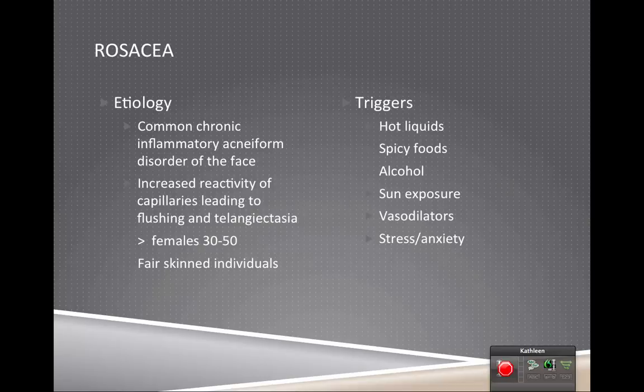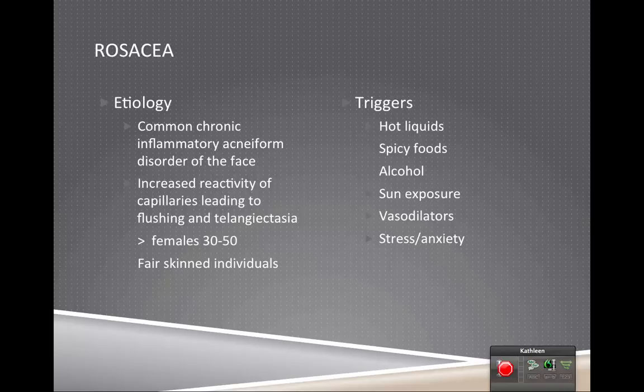Rosacea. The etiology: it is a common chronic inflammatory acneiform disorder of the face, with increased reactivity of capillaries leading to flushing and telangiectasia. It often occurs in females between the ages of 30 and 50, and also in fair-skinned individuals.